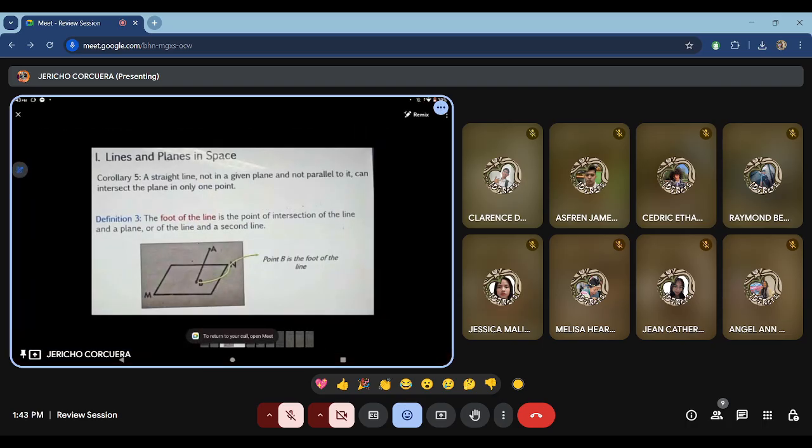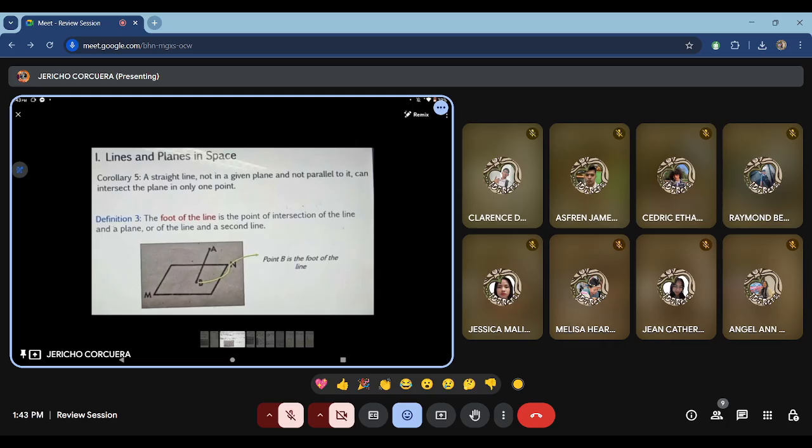Okay, so definition number 3. The foot of the line is the point of intersection of the line and the plane, or of the line and the second line. You can see on plane MN, point B is the foot of the line. The foot of the line is the point of intersection of the line and the plane, yung foot of the line is point B. And it's on the plane.